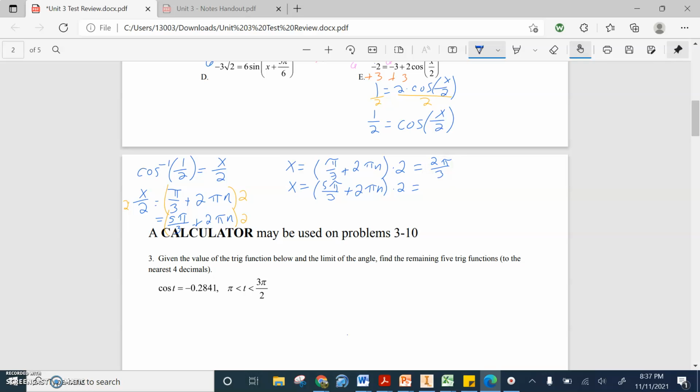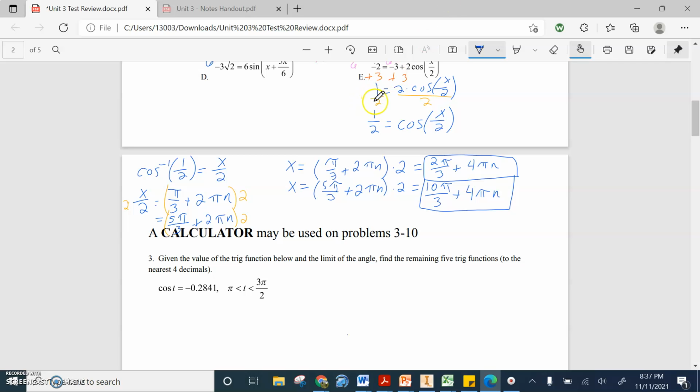But we also have to multiply the 2 to the 2 pi n. So 2 times the pi over 3, 2 times the 2 pi n. So that's plus 4 pi n. Down here in the lower one, 5 pi over 3 times 2 is 10 pi over 3. Also plus 4 pi n. So box in answer 1 and box in answer 2.